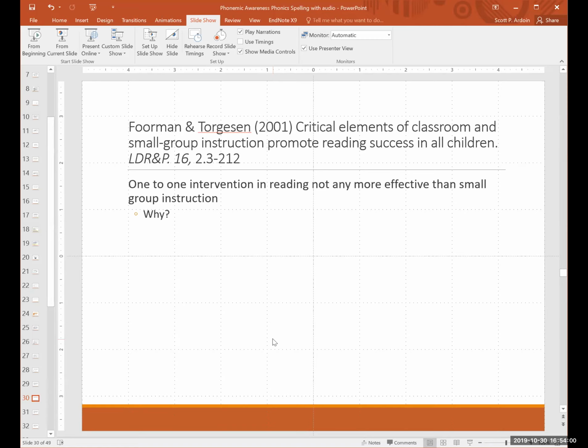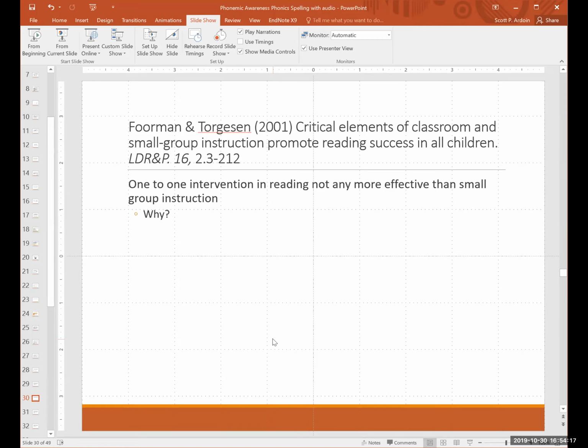For some students, it is. Some students really need the one-to-one instruction. But for most kids, even most kids who are struggling with learning to read, small group instruction has been shown to be just as effective.